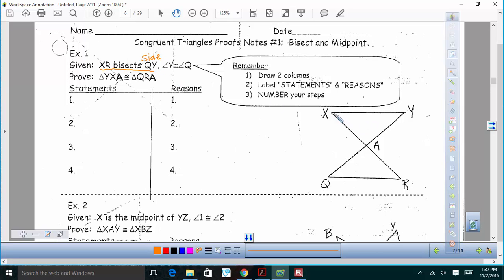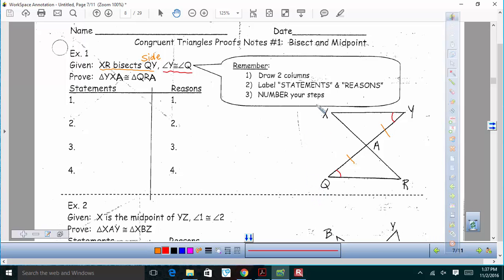Think of XR as the knife, QY is the bread, QY is being cut in half, so that means that QA would be congruent to AY. Then we're going to label that angle Y is congruent to angle Q because that's given. So Y and Q are congruent.